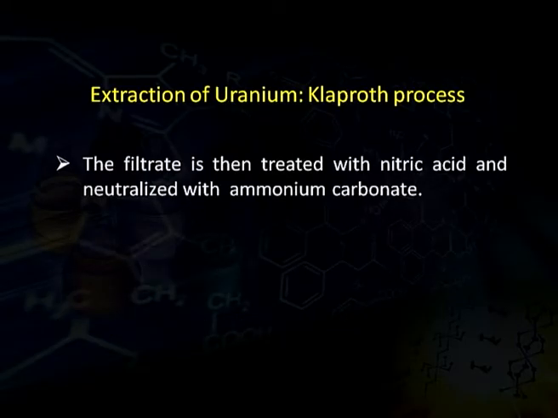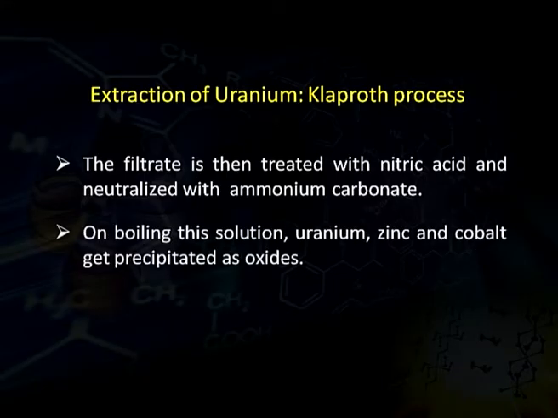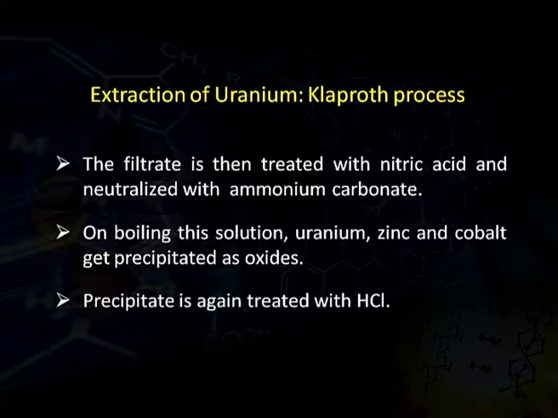The filtrate is then treated with nitric acid again and neutralized further with ammonium carbonate. On boiling this solution, uranium, zinc and cobalt get precipitated in the form of their oxides. The precipitate is again treated with hydrochloric acid.